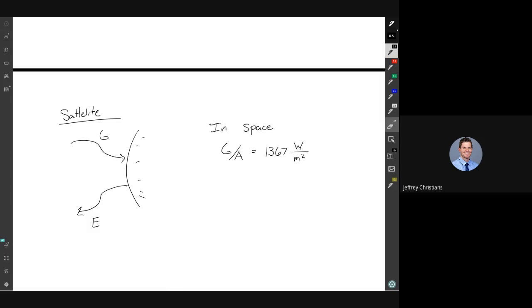You're 1367 in space. So that's how much power is coming and hitting the surface of our satellite. Not all of that is necessarily being absorbed. Some of it can bounce off, right? Some of it can be reflected.